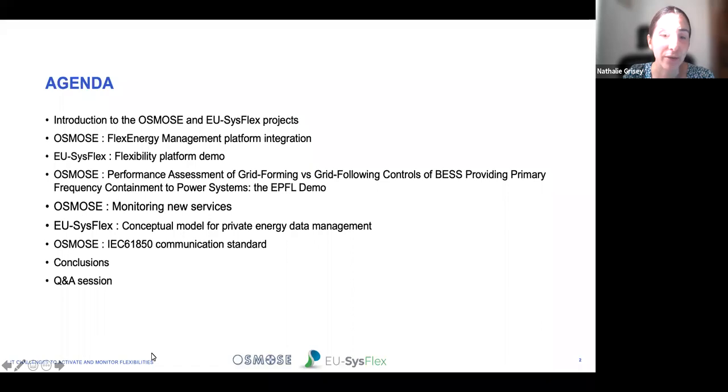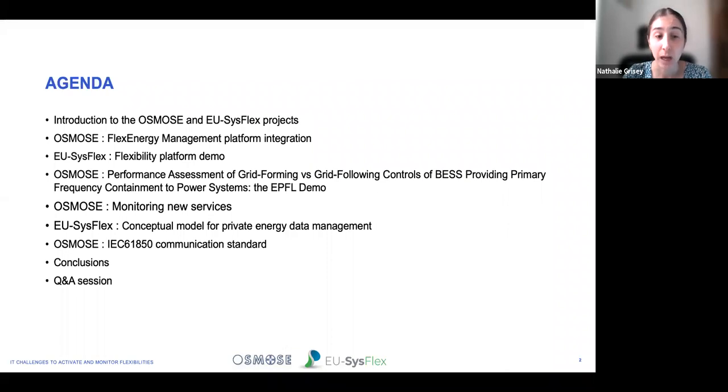So first today we'll have an introduction of our two projects, OSMOSE and EU-SysFlex. From OSMOSE we'll have three presentations from two of our demonstrators, where we'll give you some flavors of the challenges we encountered when going to real operations and how we could solve them.